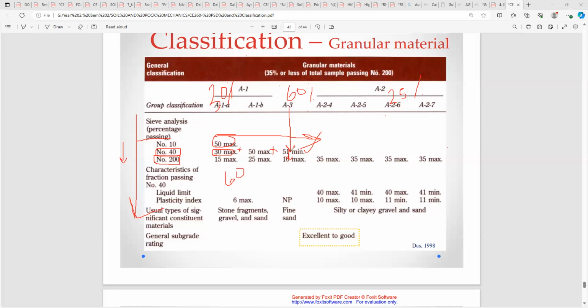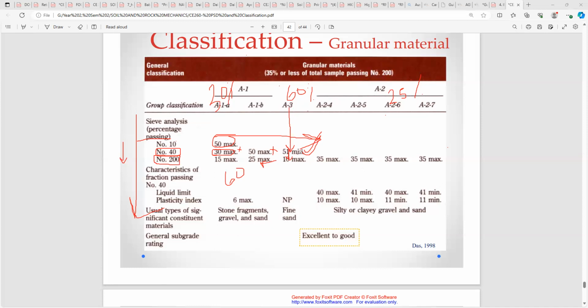Please, we don't go back. Like, we don't come here again. Wherever we land, like, you see, we landed on this 51 minimum, we just come down straight to its next characteristic.